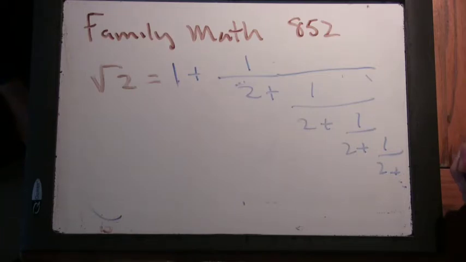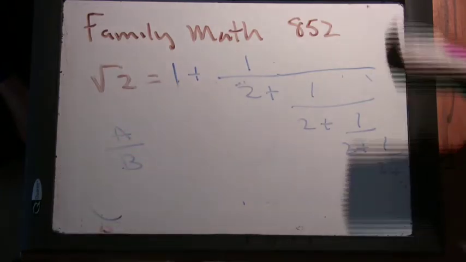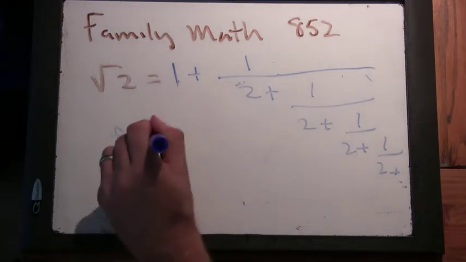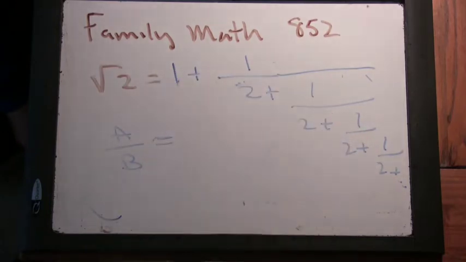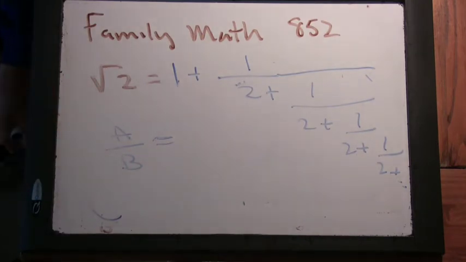And why does that mean that root 2 cannot be written as a over b? Well, if the fraction is never going to end, it's going to be infinite. And why would a fraction with a ratio of 2 integers stop when I did this? Because whenever it stops, you can simplify it back up to the top, and then it'll be equal to a over b. But here we can't because it goes on forever.